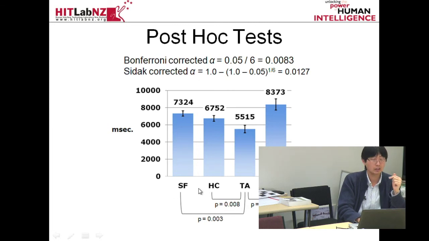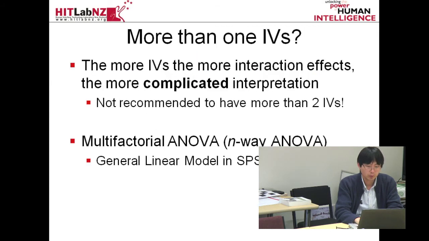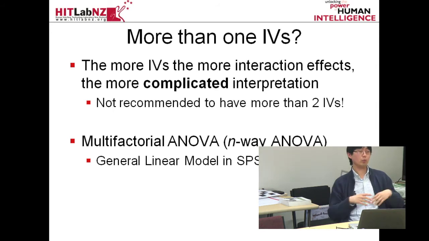But the others did print, the tool might have printed out the p-value, but it was more than 0.0083, so that was why it's not shown in here. So that's how you report the post-hoc test.